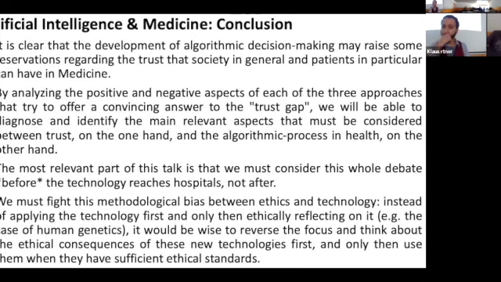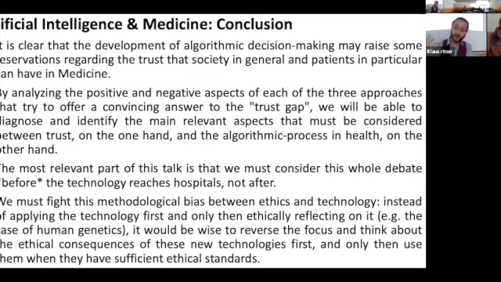So to conclude, I think it's clear that the development of AI models in medicine raised some reservations that we as a society should have. But I think if we analyze all these negative and positive aspects of these three solutions, we will be in a more relevant epistemic and ethical position.